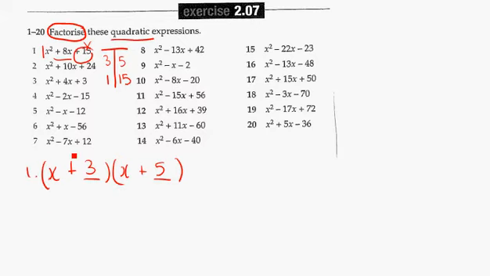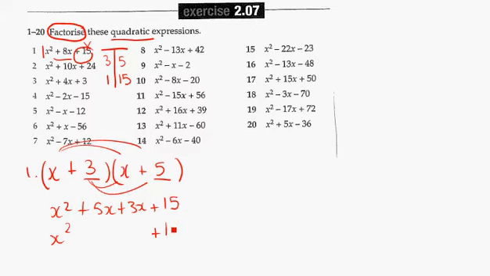So just doing a quick check now, x squared plus 5x plus 3x plus 15, and I can see I've got the x squared term, I've got the 15, and you can see where the 8x comes in. It comes from adding the 5x plus the 3x gives me the 8x term in the middle. Right, let's try number 2.